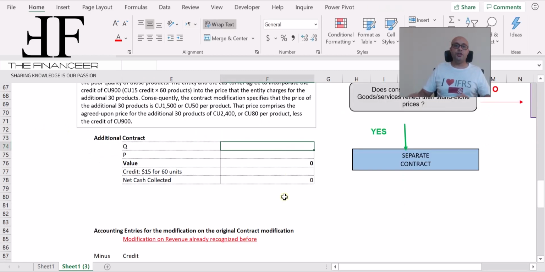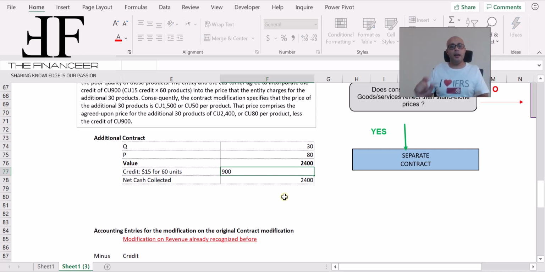Again, the additional quantity that we have, how much was it? 30. This is as per the case. We are just analyzing the case. And how much is the price for this one? It is 80. So the total price will be 2,400. But how much cash did the company collect? Before calculating how much cash the company collected, you need to deduct the 900, which is the credit note that the customer was given.